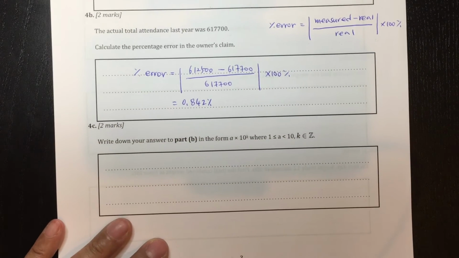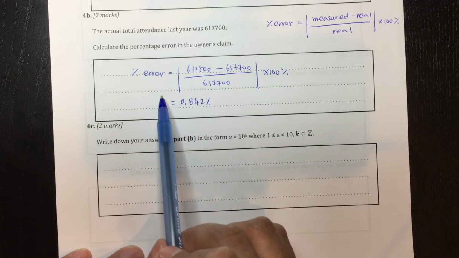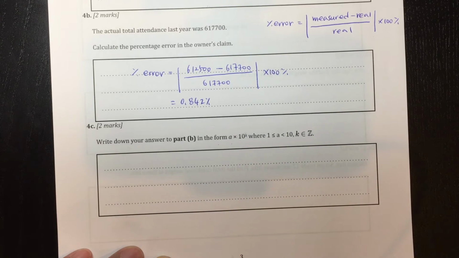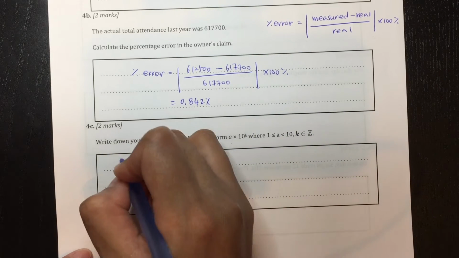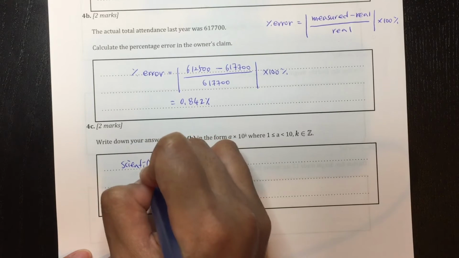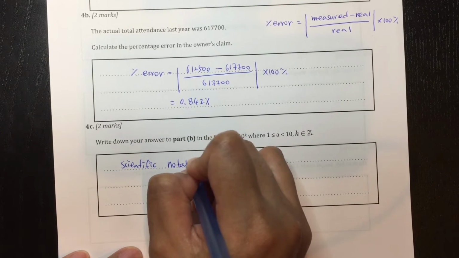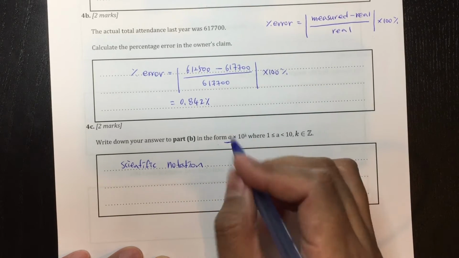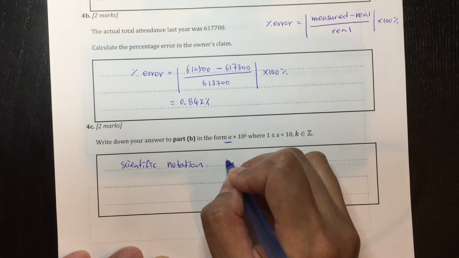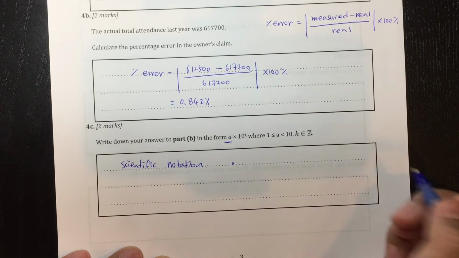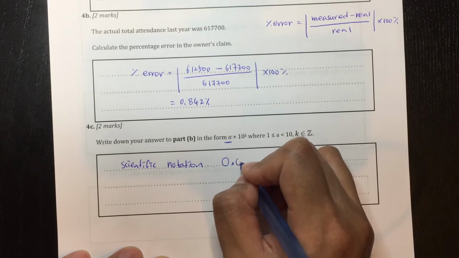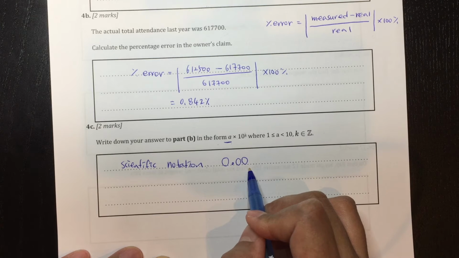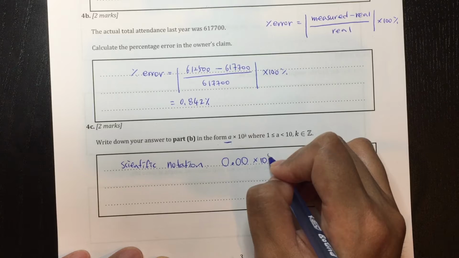Then we have to write our answer in the form of a times 10 to the power of k, right? So this is scientific notation. To have proper scientific notation, the number part always has to have a decimal place after the first number, and we like to keep it as a three-digit number.